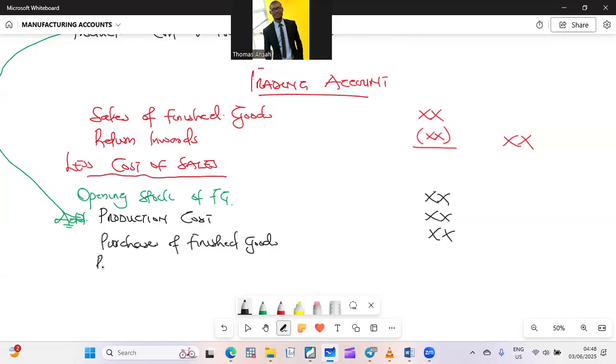And if there is return outwards, or even before the return outwards, let's talk about carriage inwards of finished goods. What they were bringing in, carriage. So the carriage, know which one is that of finished goods. Know it.